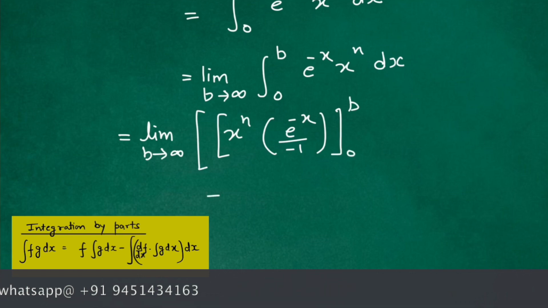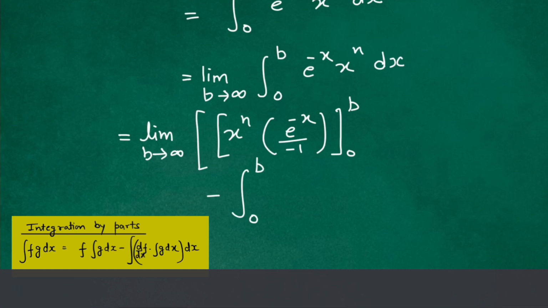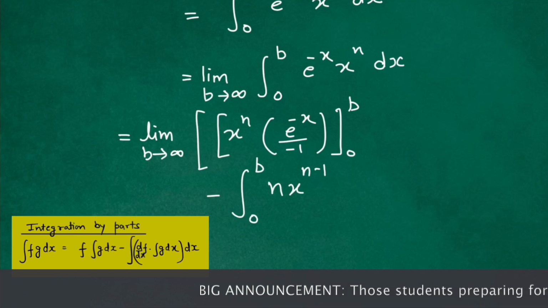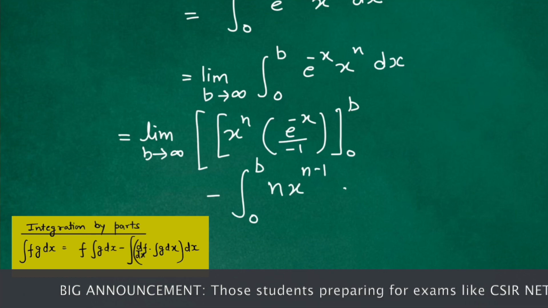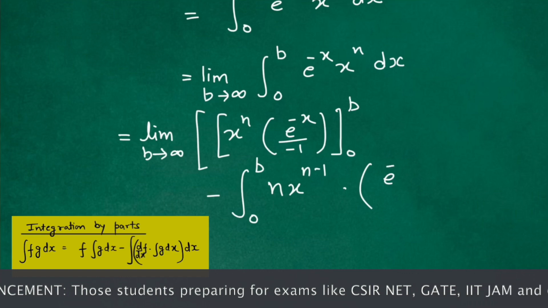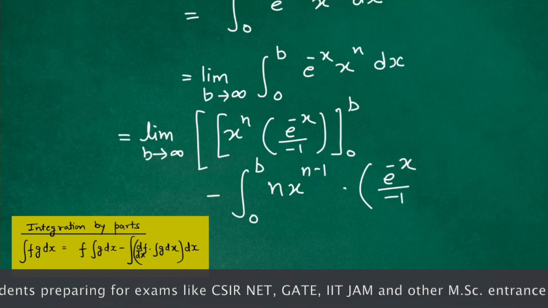Minus the integration from 0 to b of the differentiation of the first function. The differentiation of x raised to power n is n x raised to n minus 1, into the integration of e raised to power minus x, which is again e raised to minus x over minus 1, dx.